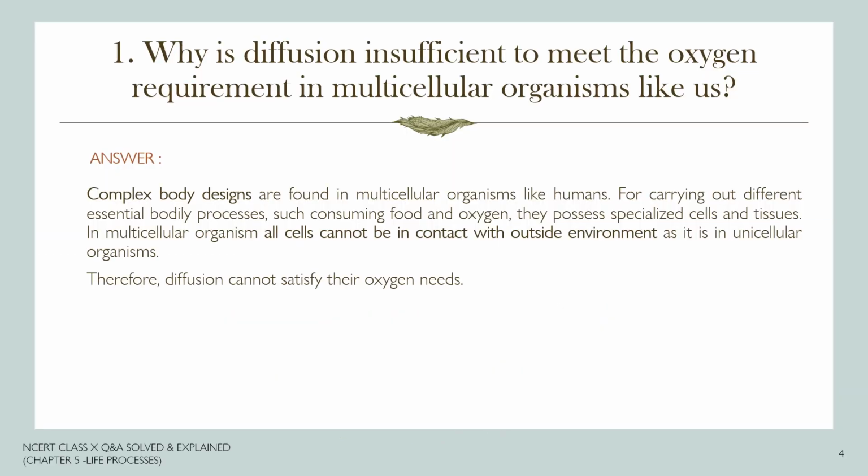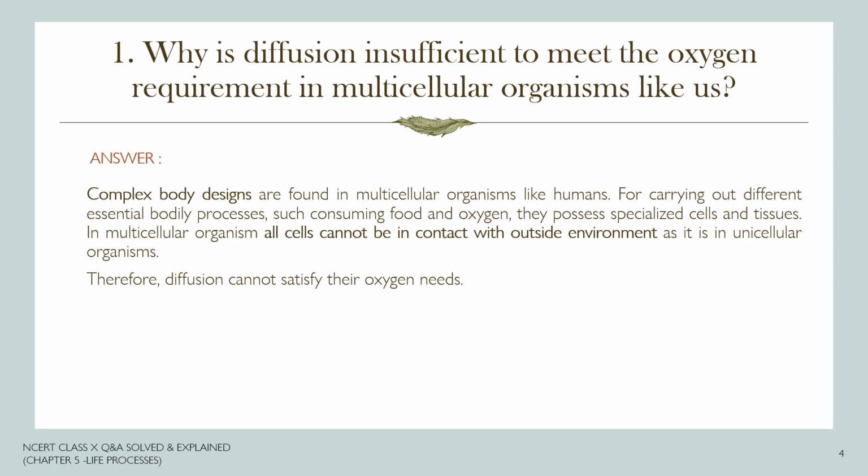Why is diffusion insufficient to meet the oxygen requirement in multicellular organisms like us? I have written the answer here so you can read it at your own pace. For you to understand now, unicellular organisms have just one cell which is in contact with outside environment, and hence through diffusion, gaseous exchange and oxygen requirement is met.